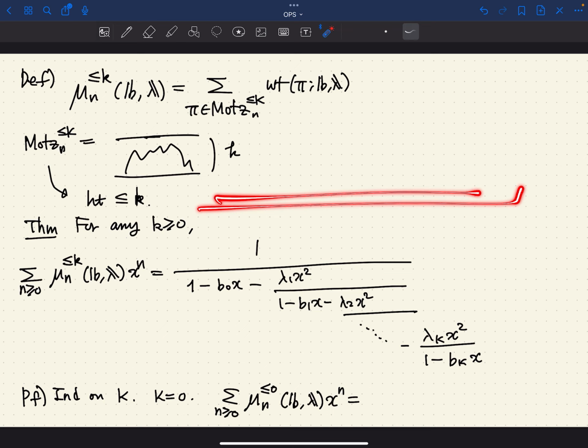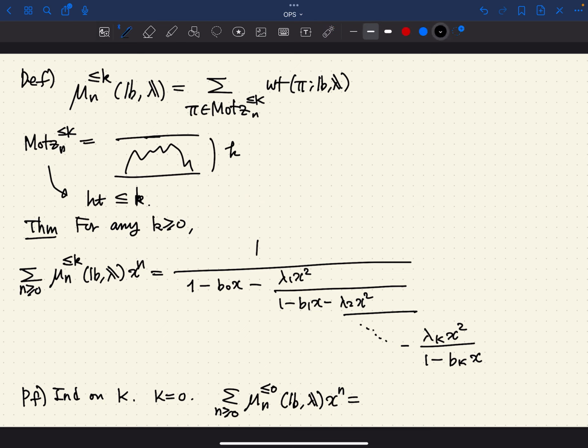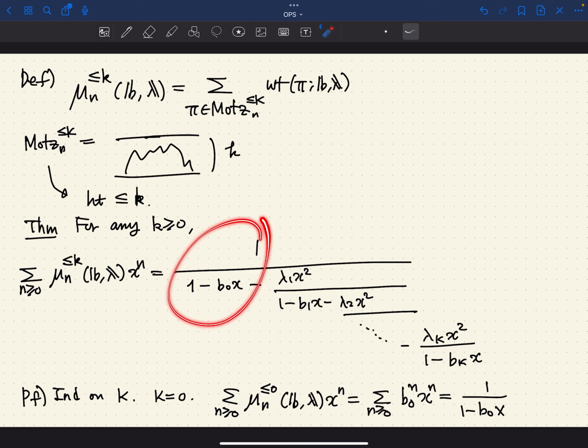They all use horizontal steps of height 0, so you have only b0 to the n, x to the n, but this is a geometric series, 1 over 1 minus b0 x. That's exactly the convergent here when k equals 0, okay?